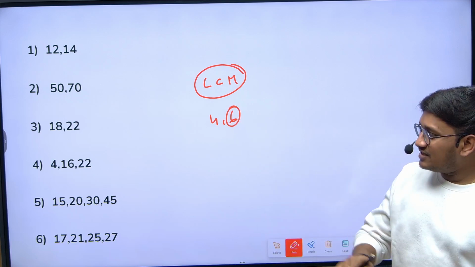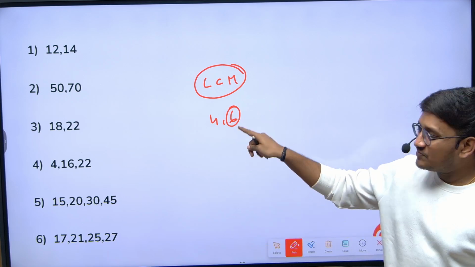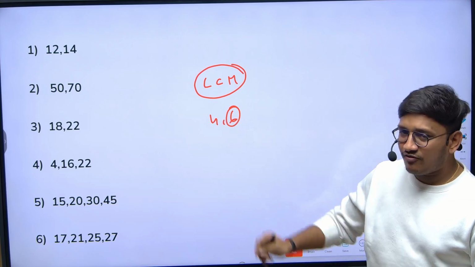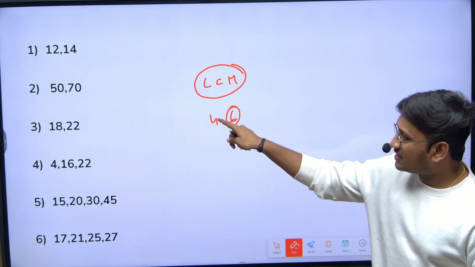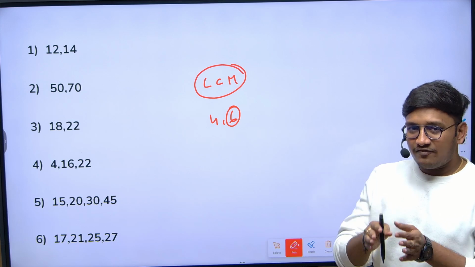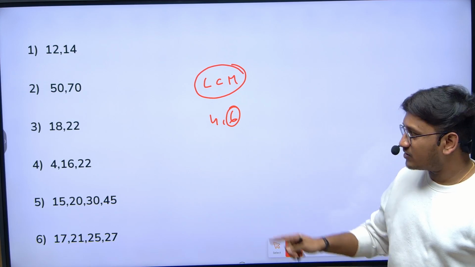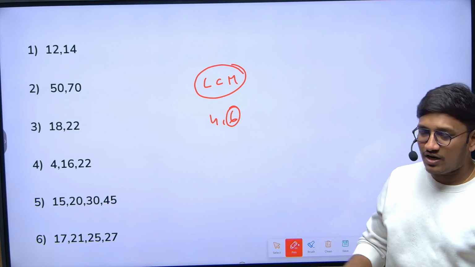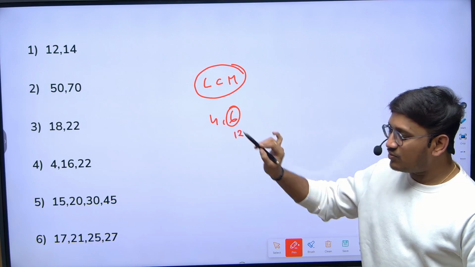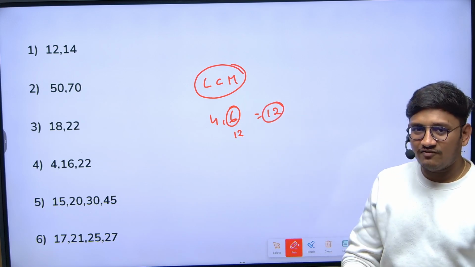To check whether it is the highest number or a multiple of it: is 6 exactly divisible by 4? No, so 6 is not our LCM. If the highest number is not our LCM, you should check with multiples of the highest number. What is 6 times 2? 12. Now 12 is exactly divisible by 4, so this will be your least common multiple. That will be your answer.